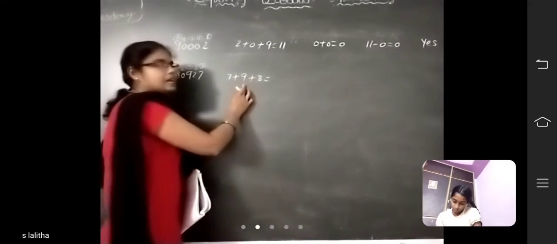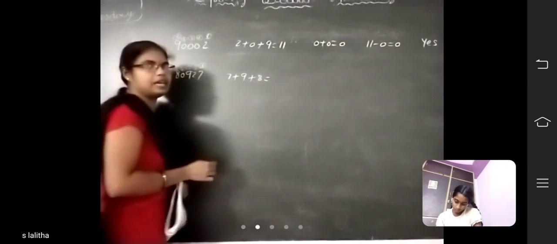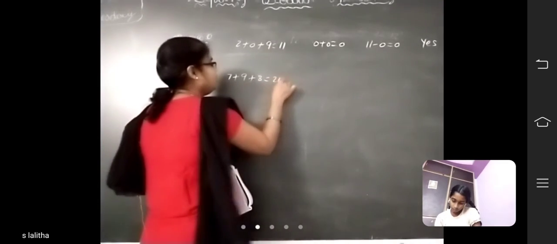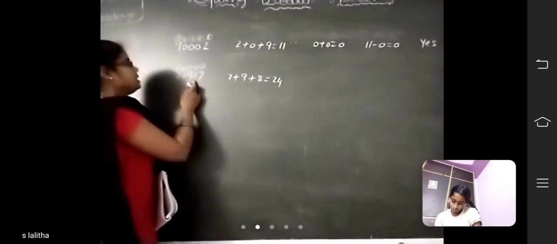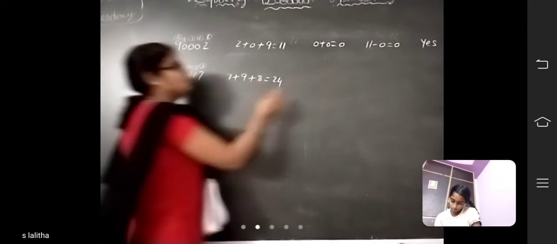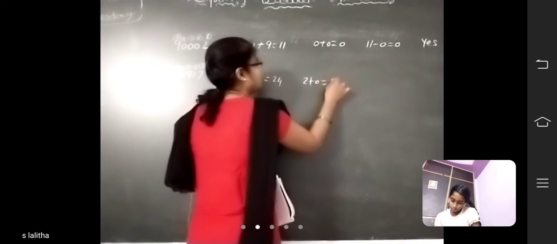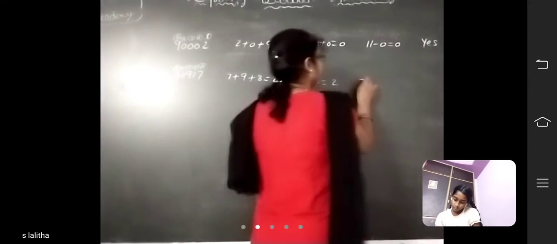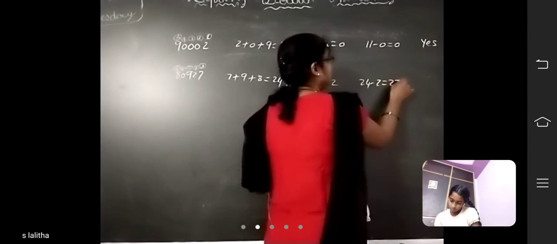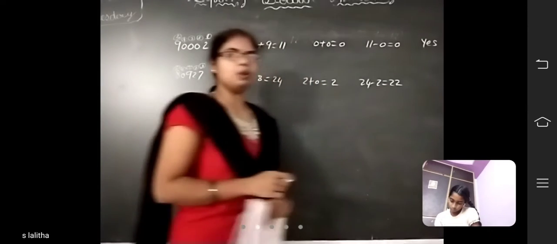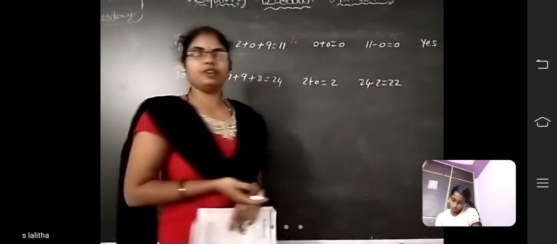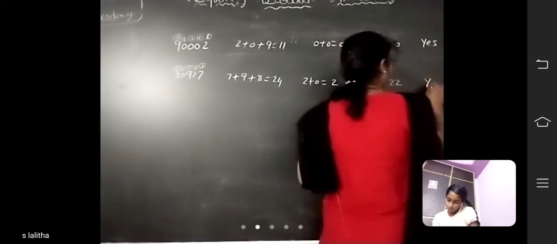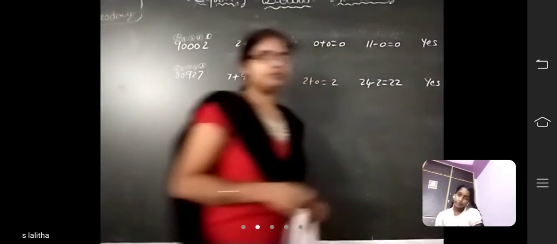Add 7 plus 9, 16. 16 plus 8, how much? 24. Next, even places, second place and fourth place, 2 plus 0, how much? 2. Now difference, 24 minus 2, how much? 22. Is 22 divisible by 11? Yes, 11 twos are 22. So it is divisible by 11. Yes.